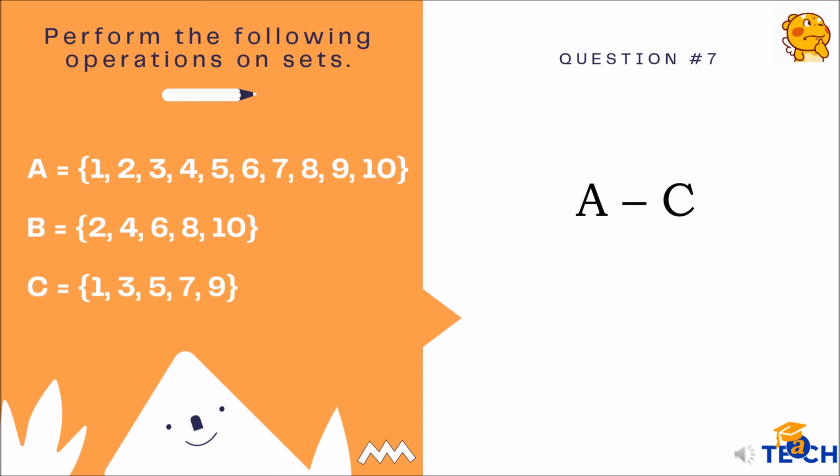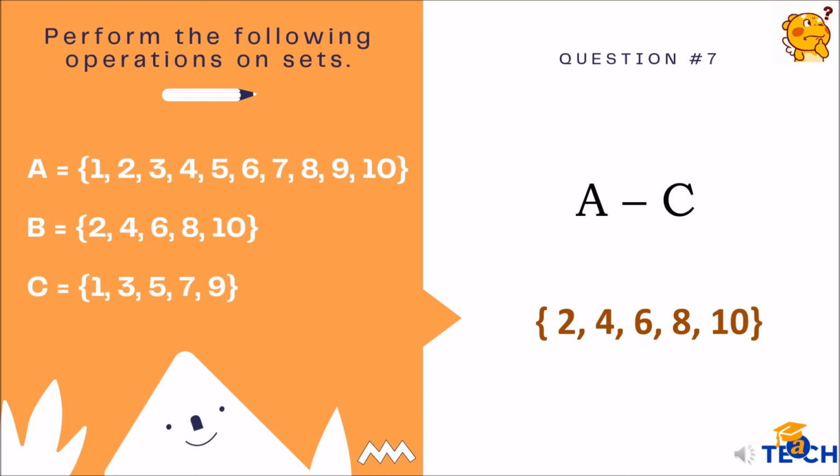We're down to our last 3 questions. This time, question number 7. What is the difference between set A and set C? Okay, the difference of set A and C is numbers 2, 4, 6, 8, and 10.